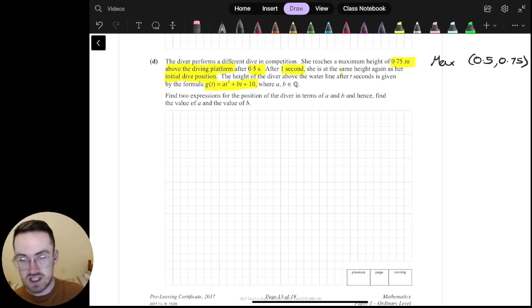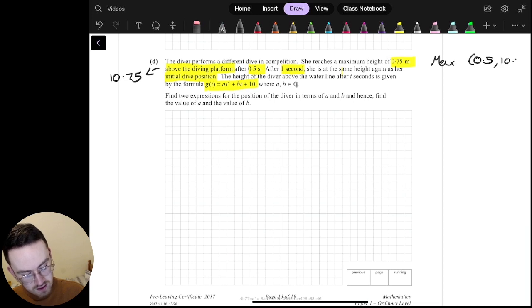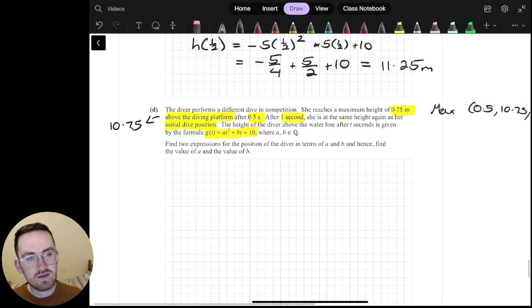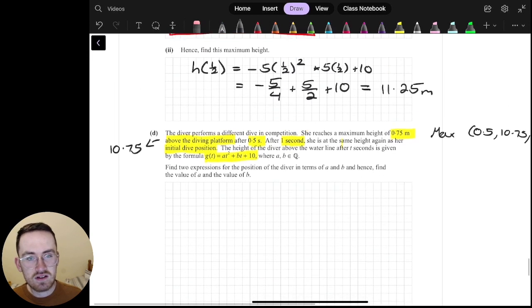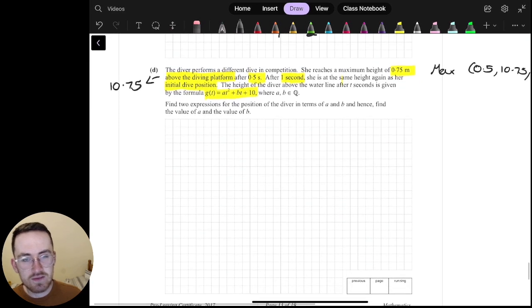She's still at the same swimming pool, if you like. So at this point, that's actually a value of 10.75. So when I said 0.75 over here, that was incorrect. It's 10.75. So at a time of 0.5, she reaches a maximum height of 10.75, a little bit lower than her maximum height in the previous part.